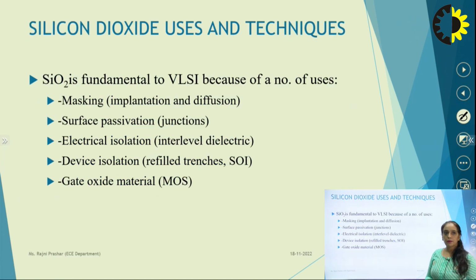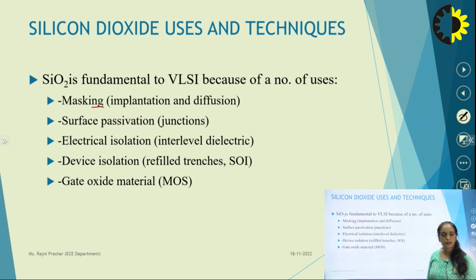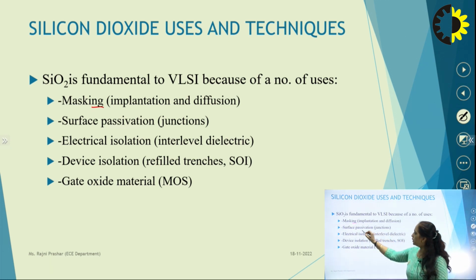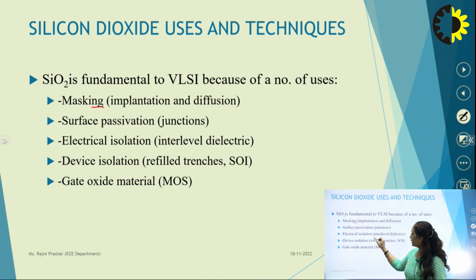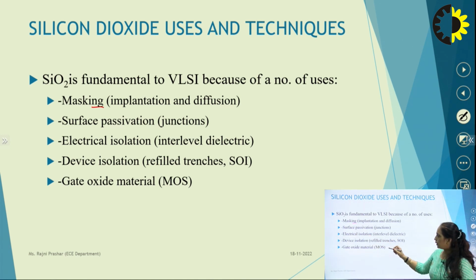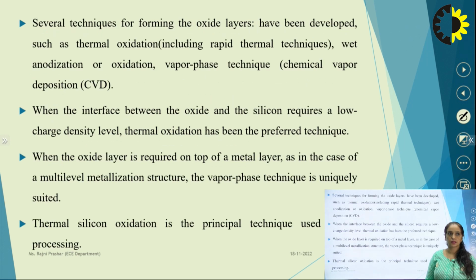Some applications of this SiO2 layer in the VLSI industry: it is used as masking in the implantation and diffusion processes. It is used as surface passivation to avoid interference between the many devices. It is also used for electrical isolation, device isolation, and as gate oxide material in MOSFETs, right?